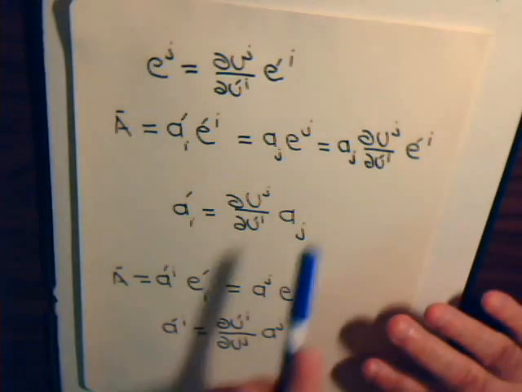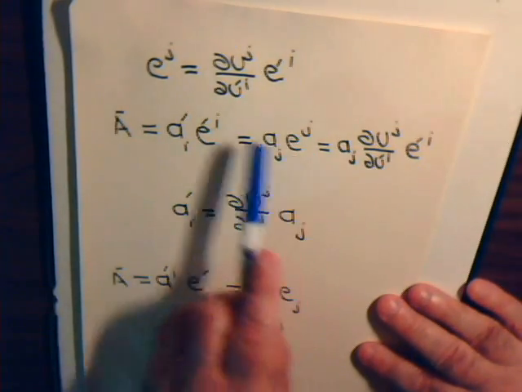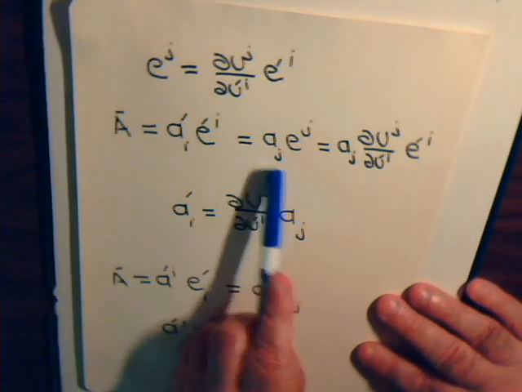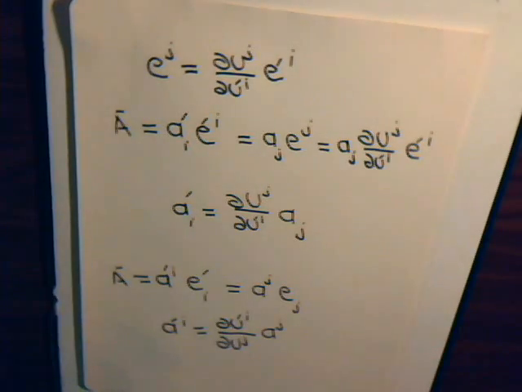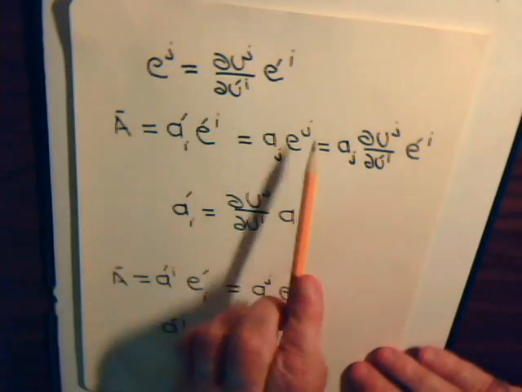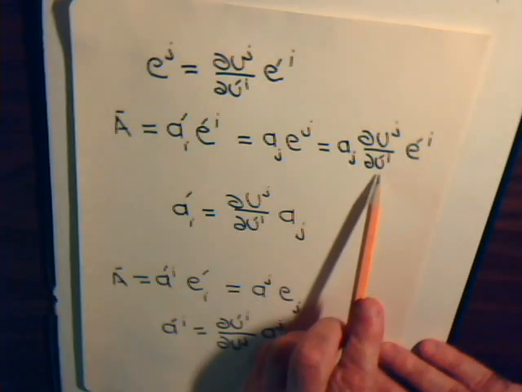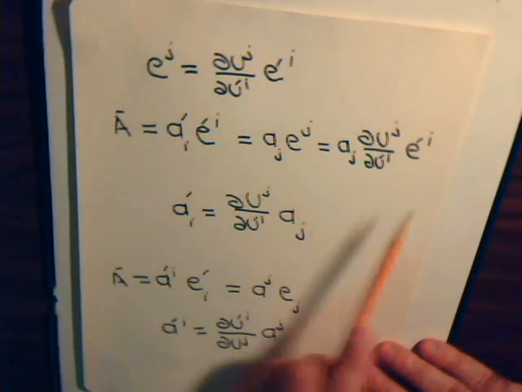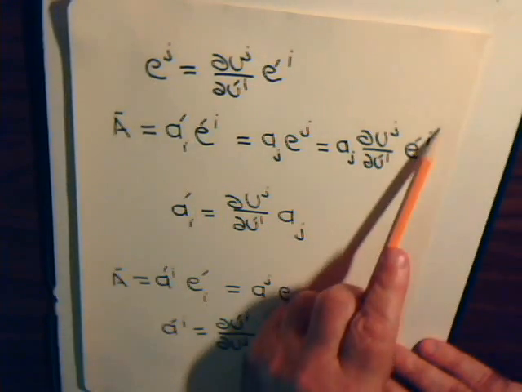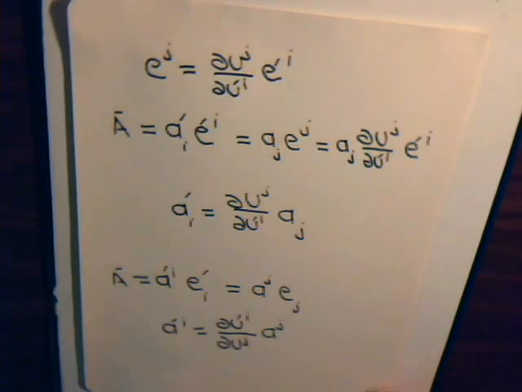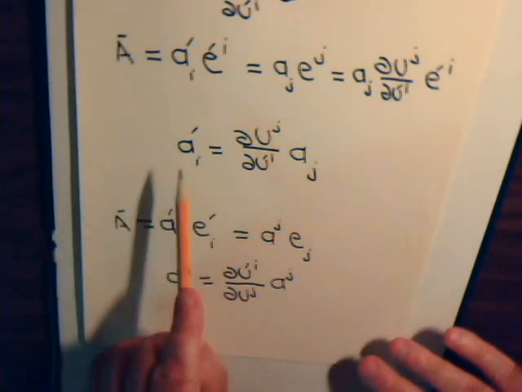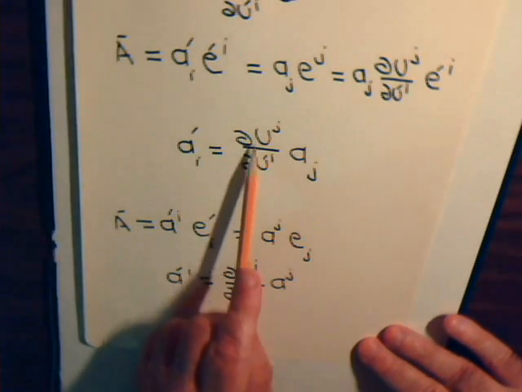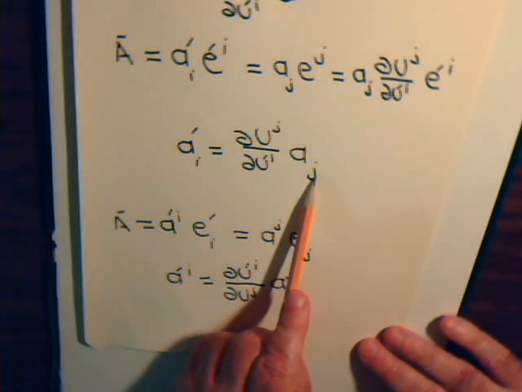But E superscript j is equal to this quantity. So we can write this, we have E sub j. Then we have, substituting for E_j, we have this. Well, let's compare then, this equals this. We can cancel these out, and we have A prime i equals this derivative times A_j.